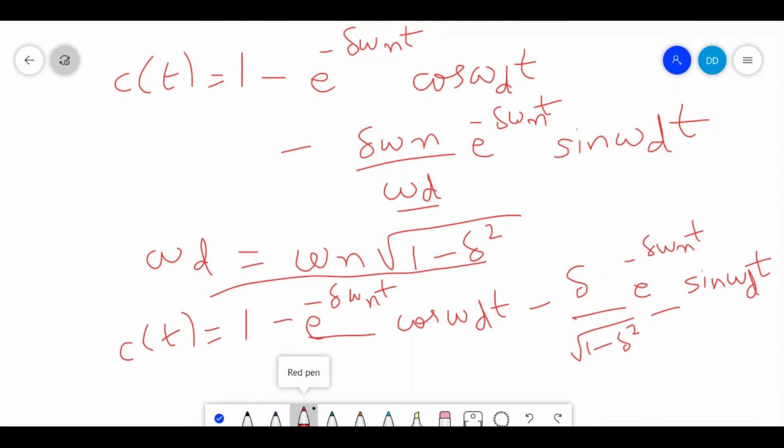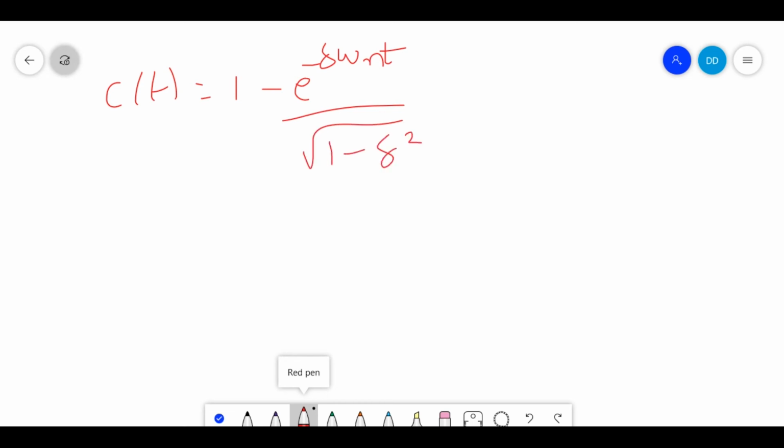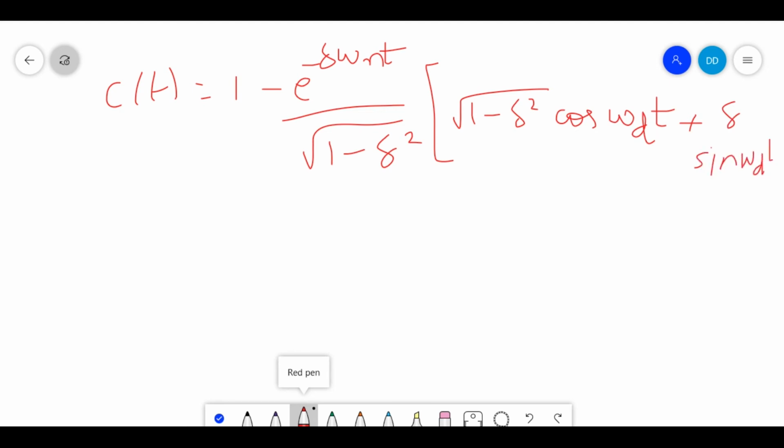We have e to the power minus delta omega n into t common in both the terms. We take it out. We get C of t equal to 1 minus e to the power minus delta omega n into t by root of 1 minus delta square. We take it out. So we have root of 1 minus delta square into cos omega d t plus delta into sin omega d t. This is what we have.